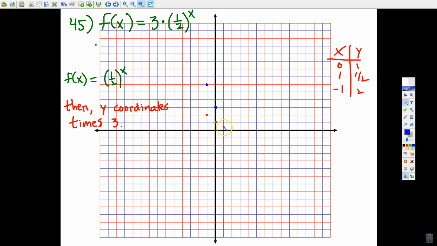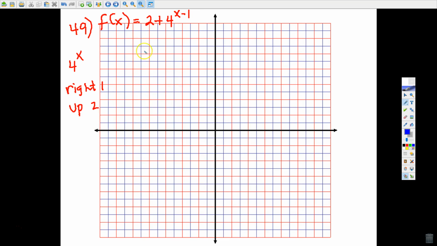Here is 1, 1/2, but when I multiply by 3, I get 1, 3/2, which is another way of saying 1.5. So I'll just erase those red dots. They're just like reference points. And I haven't shifted horizontally or vertically. I've just changed the size. I've stretched it vertically. And so I'm still going to have a horizontal asymptote, which is still the x-axis. Okay? And so this is, to me, an easy way of graphing using transformation principles.